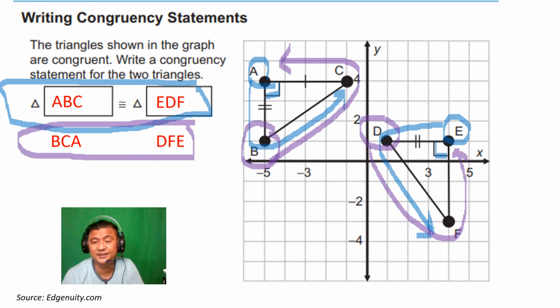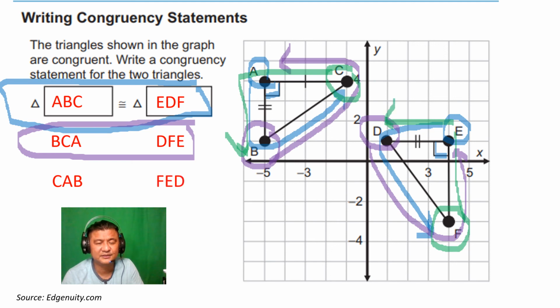What's the other way? CAB. How do I do CAB? Start with this, followed by the 90 degrees, then going there. So that means I would start with F, going to the 90 degrees, and then followed by D. See that? So you could name it different ways. They are congruent, but be sure the letters, the vertices, do match.